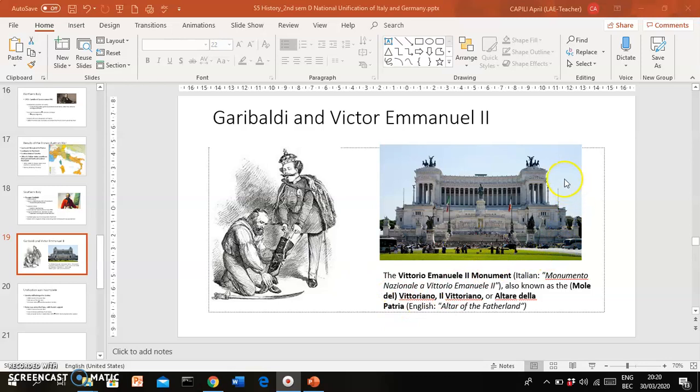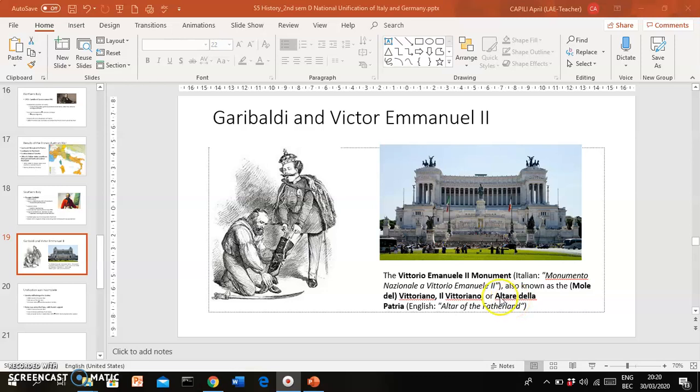If you've ever been to Rome, you've probably seen this. This monument is quite massive and it's a tourist attraction for sure. The Victor Emmanuel II monument, also called the Altar of the Fatherland. So you hear echoes of nationalism there.